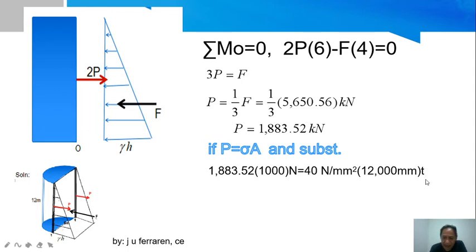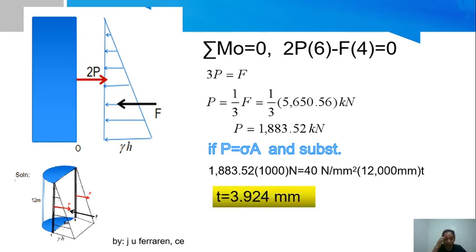So there I have the unknown thickness. Reducing this, I have a unit for t, which is in millimeter. So, take the difference with the value we obtained earlier. We obtained a safe thickness of 11 point something, while now, we were able to show that a thickness of 3.924 is even safe for this container.